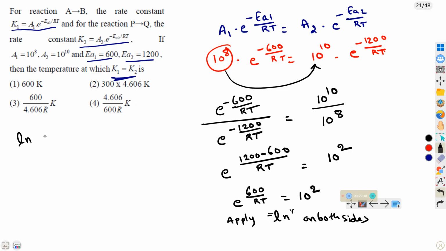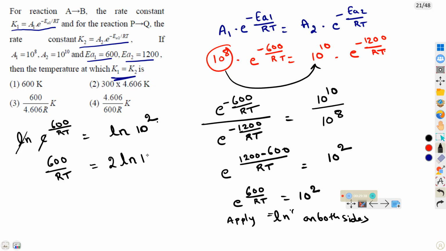Then ln e power 600 by RT is equal to ln of 10 square. ln e cancels. 600 by RT is equal to 2 ln 10. We know that 1 ln is equal to 2.303 log.